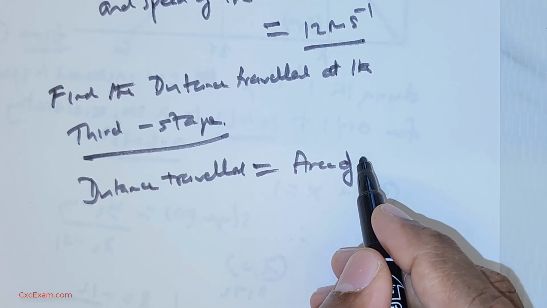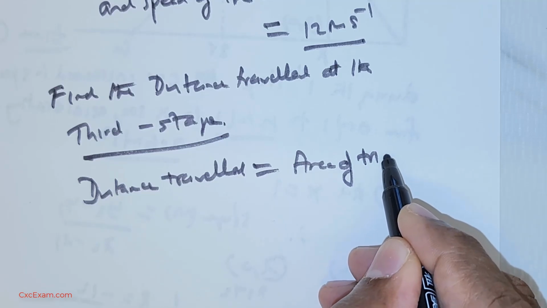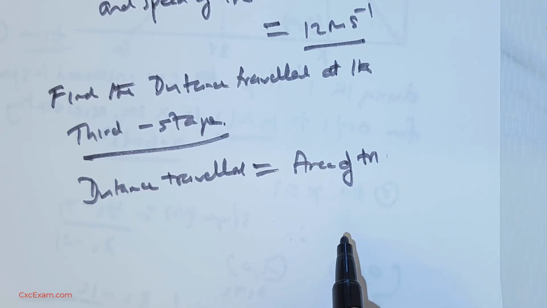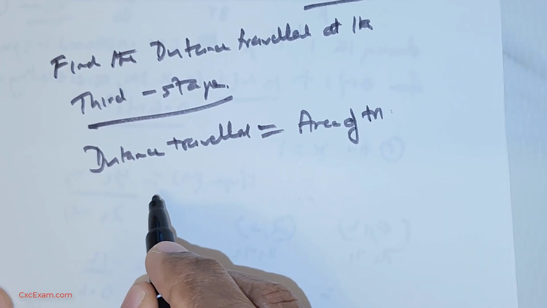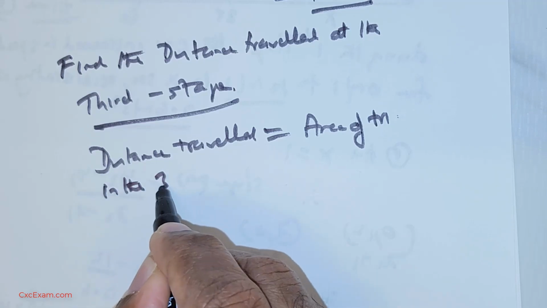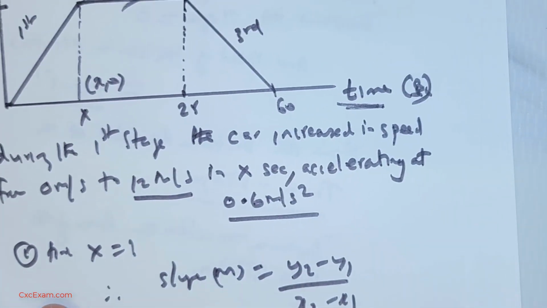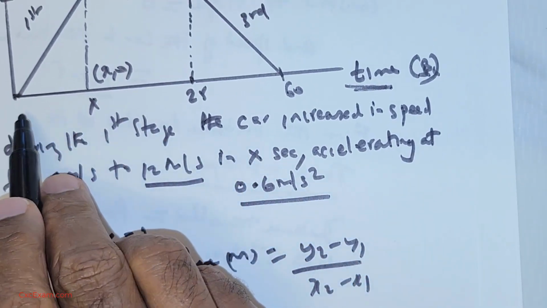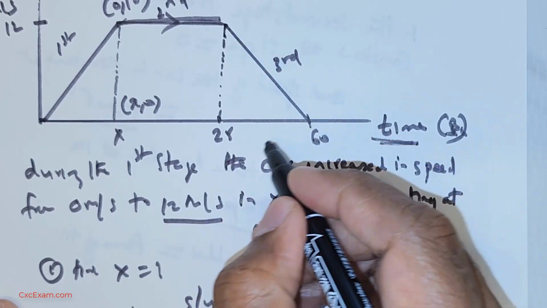The distance traveled in the third stage is going to be, actually what you have to do is calculate the area of this triangle.